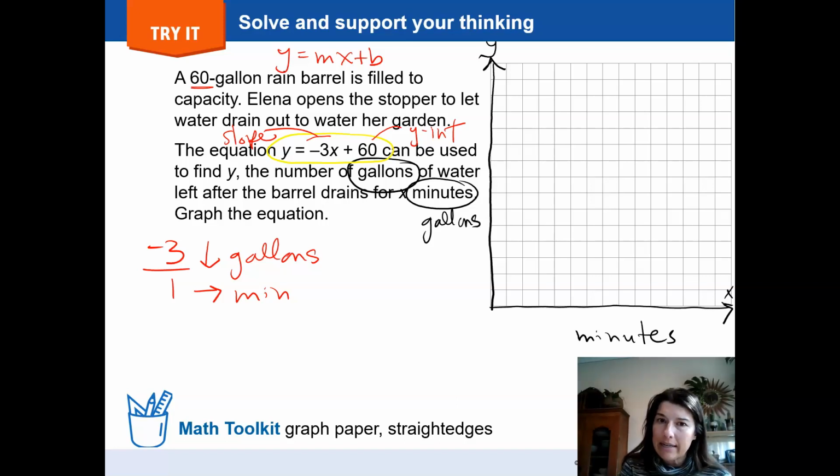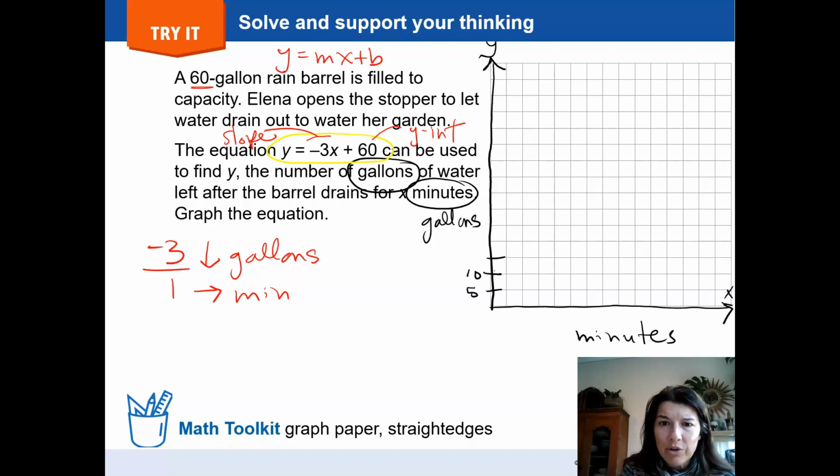Would 5 get us up to 60 about up here if we want to use a lot of our graph? Let's try. 5, 10, 15, 20, 25, 30, 35, 40, 45, 50, 55, 60. Good. That means our graph will take up a lot of the axes we've been given. I like that. So let's count by 5s.